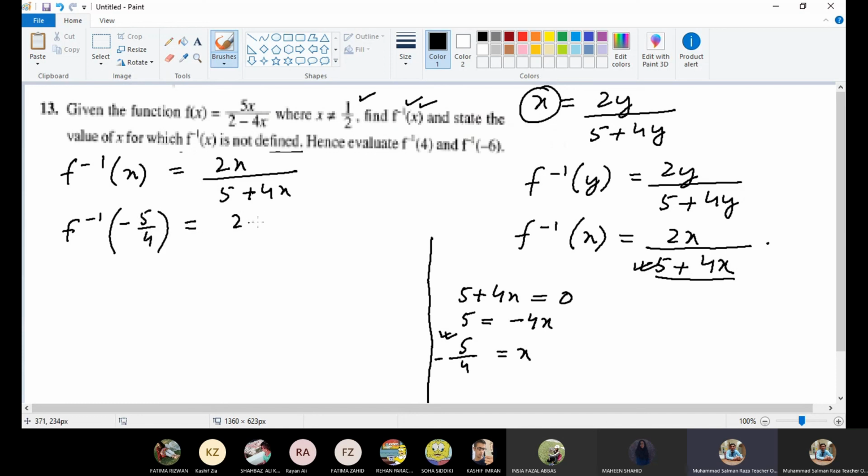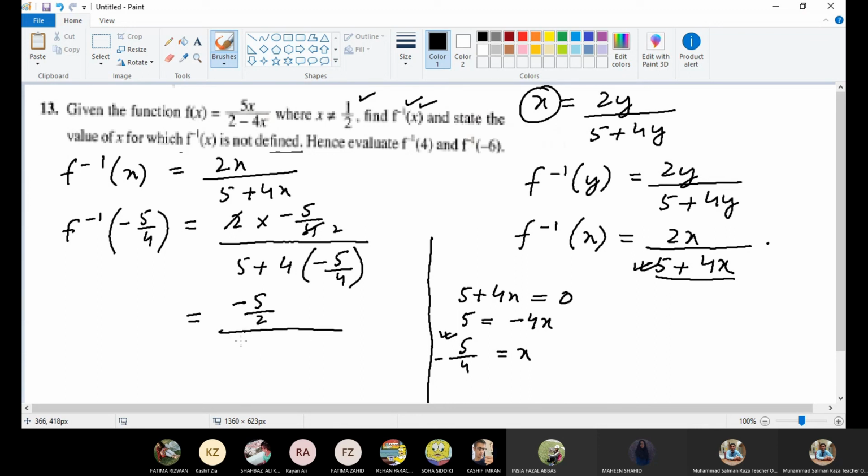So 2 into minus 5 over 4 will come over here, and 5 plus 4 into minus 5 over 4 happens like this as well. Over there, it's going to be minus 5 over 2, which is okay. But what is happening downwards? Look at it. 4 and 4 cancel out, and 5 minus 5 is 0, so it becomes undefined. So this is the correct value. This is our answer.